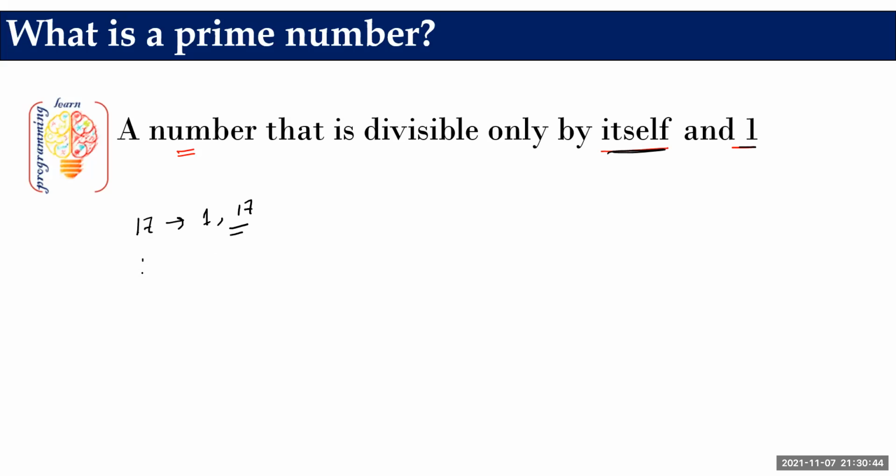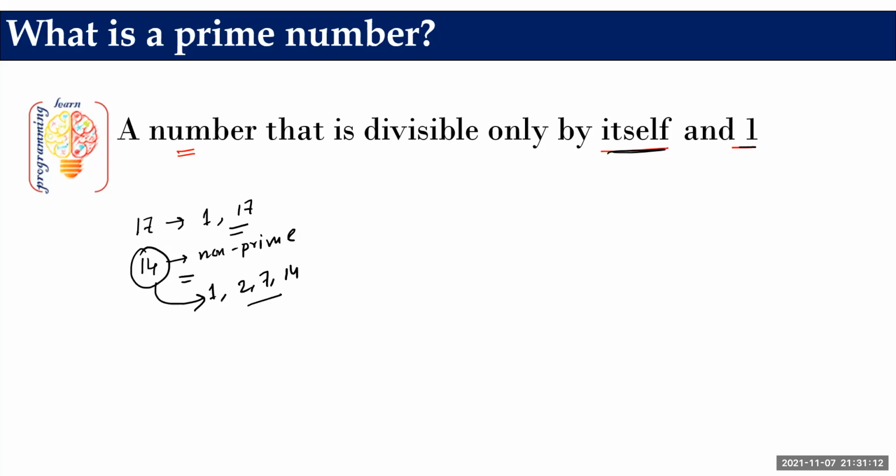If we take any even number, these are all non-prime because they have more than two divisors. For 14, the divisors are 1, 2, 7, and 14, so the number of factors is more than 2. So it is always possible to first check whether the number is even or odd.